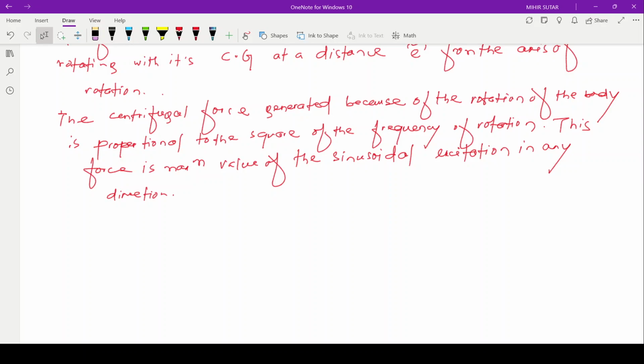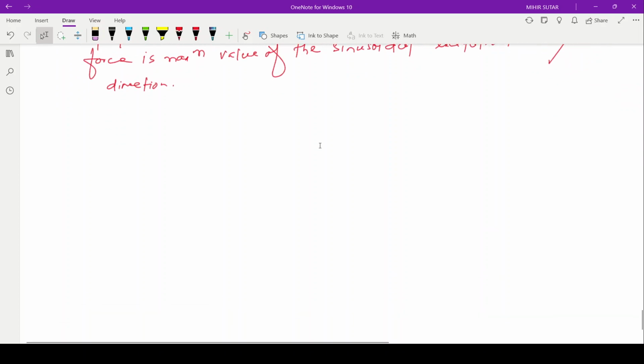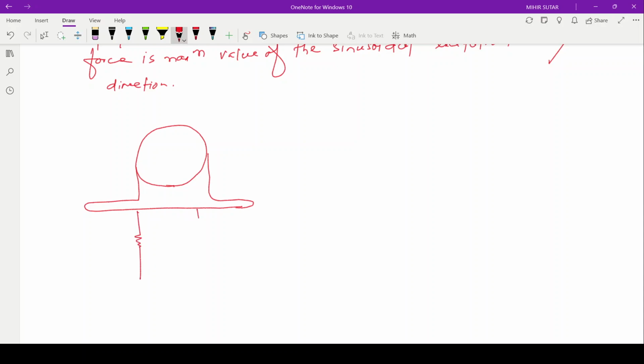Now we'll draw the figure. Let's say we have a rotating element like this, and it is resting on a spring damper system.